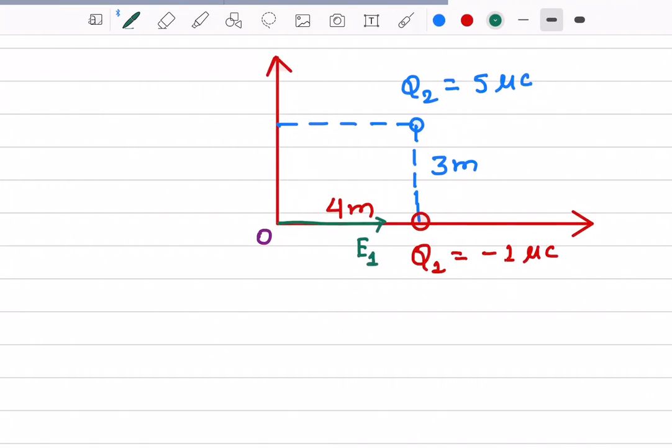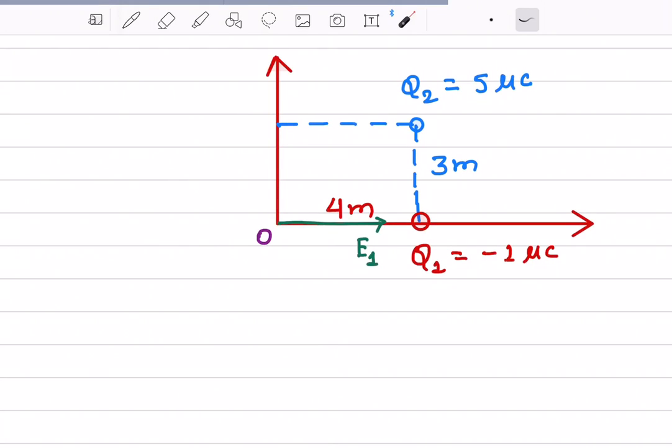This green one represents E1. E1 is the electric field due to charge Q1, and this is the direction.